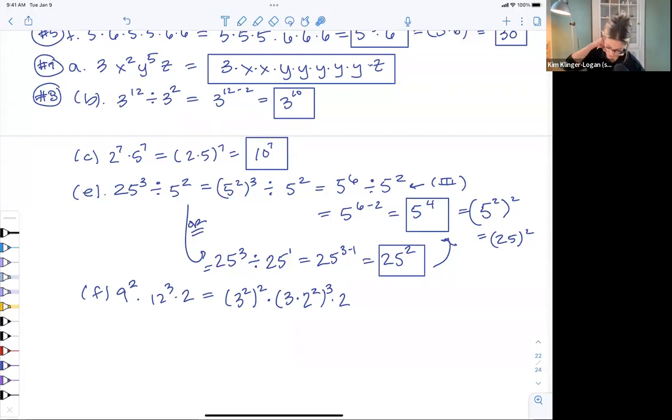Okay, so when I have something raised to a power and then raised to a power again, I multiply those two exponents. That's how that rule works, right? So let's see here. This looks like 3 squared is 3 to the 4th. And while exponents don't distribute over addition, they do distribute over multiplication.